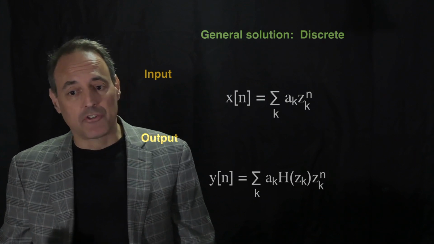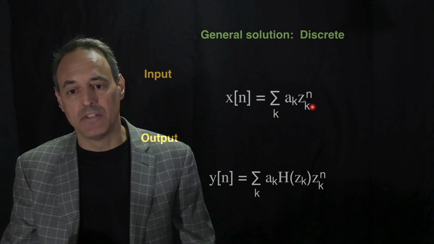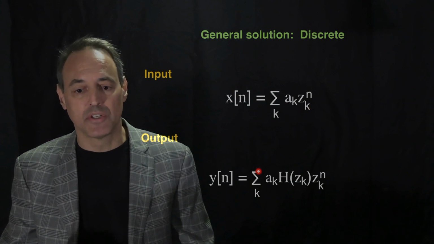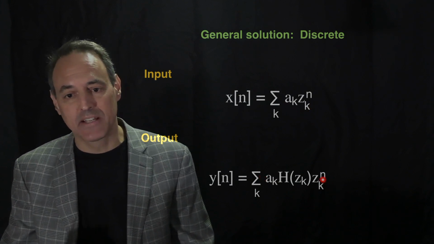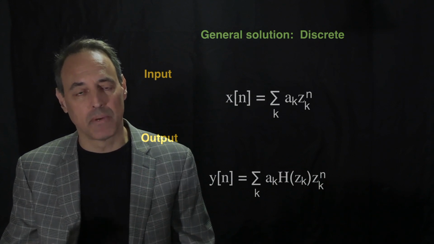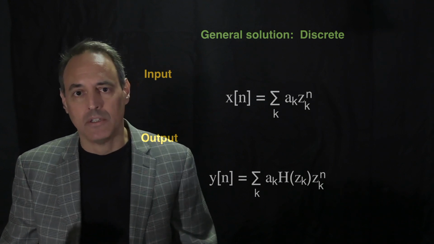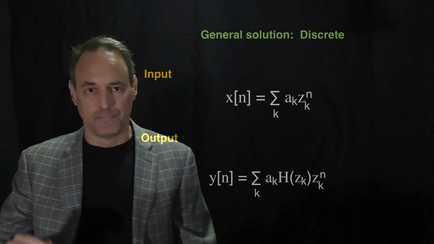Same thing for the discrete case. Again, I have a signal x of n, a of k, z of k to the n, and if I run this through the system, the output is exactly the signal back with each of the coefficients being stretched or compressed by H. So you can see our job then is twofold.